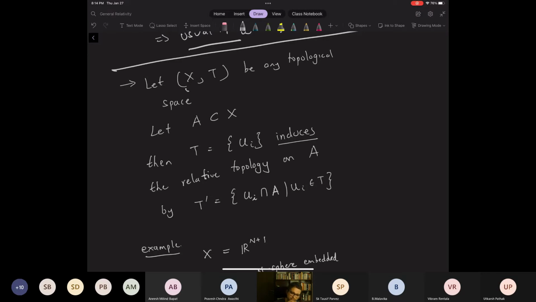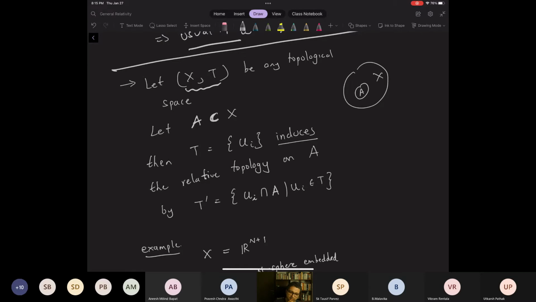So let (X, T) be any topological space, that is, T gives a topology to the set X, and let A be some subset of X. So X is your original space, and we took some subsets of it, T, which gave it a topology. But now let's take some subset of X, which is A, some subcollection of these elements of X.